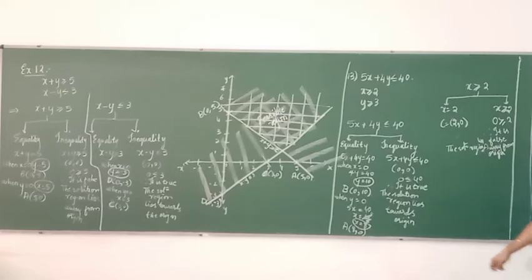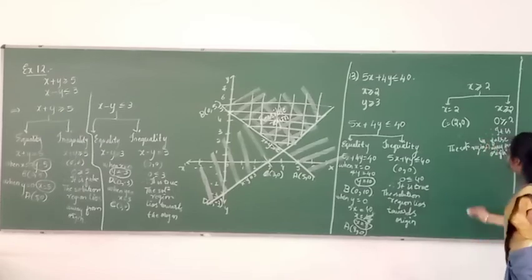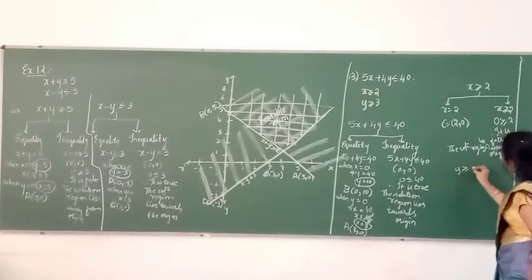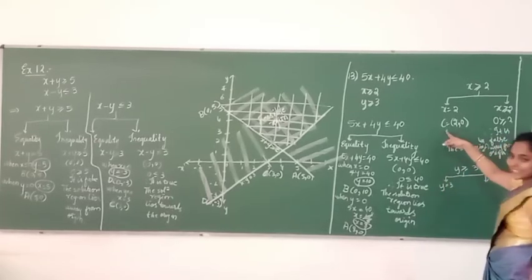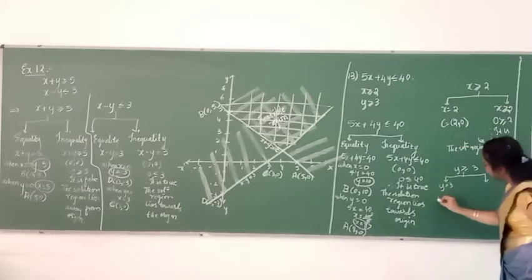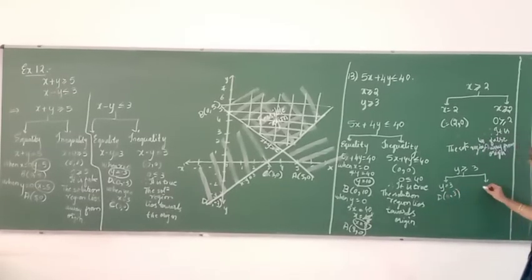Okay, and the last inequality is nothing but y is greater than or equal to 3. So y is equal to 3. Already C I have considered here, so this I will be considering as D. So 0, 3, and here y is greater than or equal to 3. So 0 is greater than or equal to 3. Obviously 0 is not greater than or equal to 3.